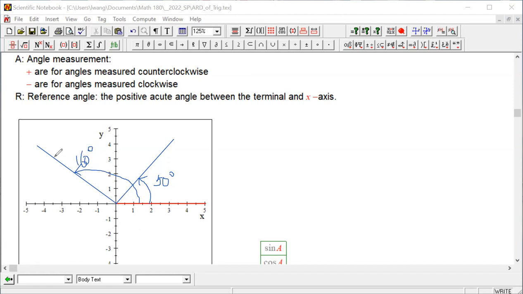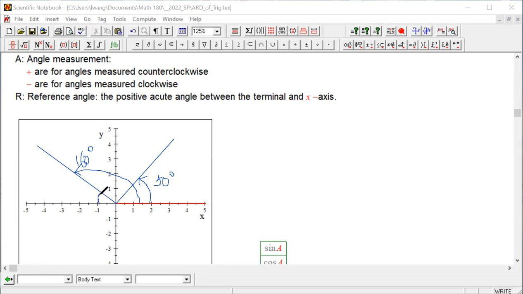Between the terminal and the x-axis, there are two angles. One is here, 160 degrees, and the other one is this guy. The positive acute angle between the terminal and x-axis, for that criteria, we only have this piece.